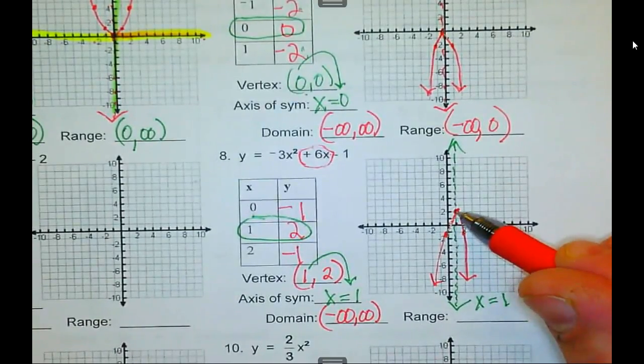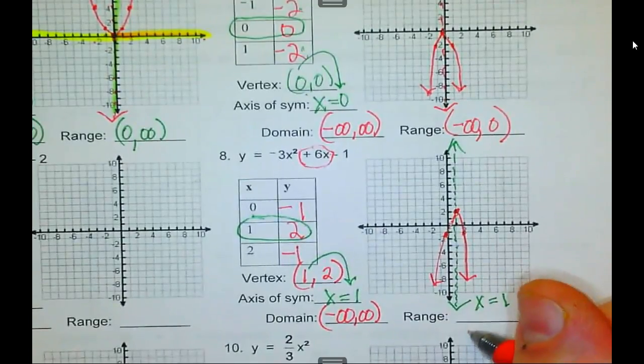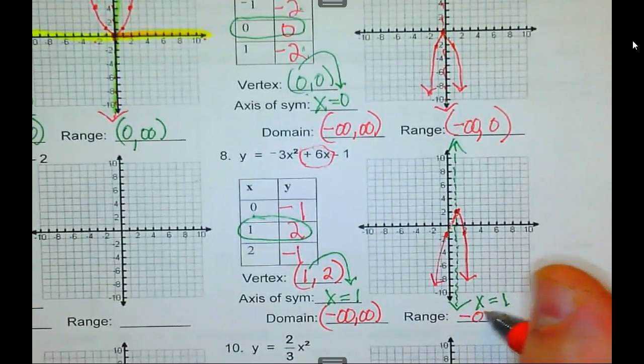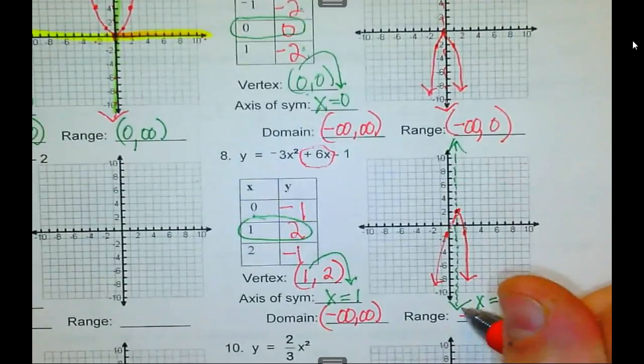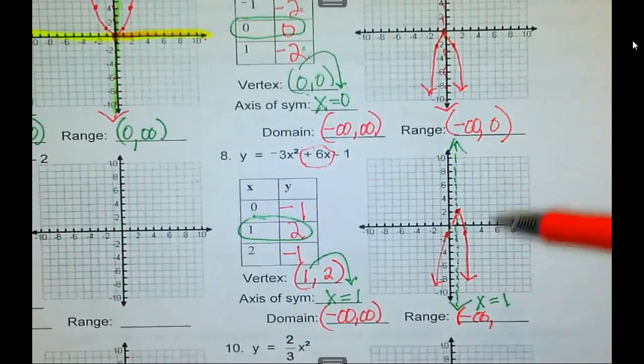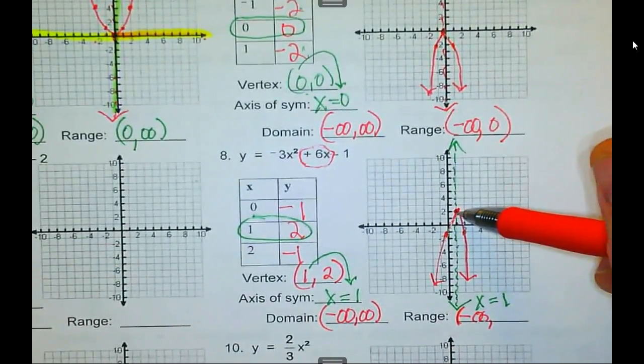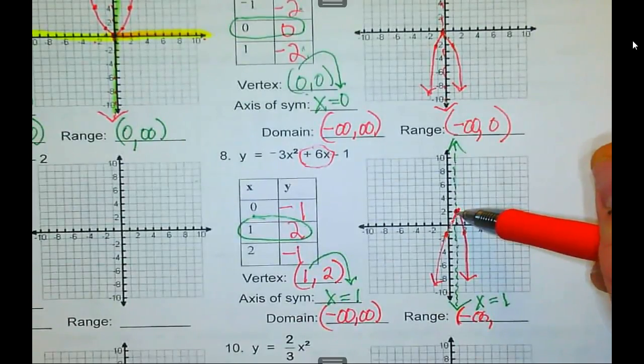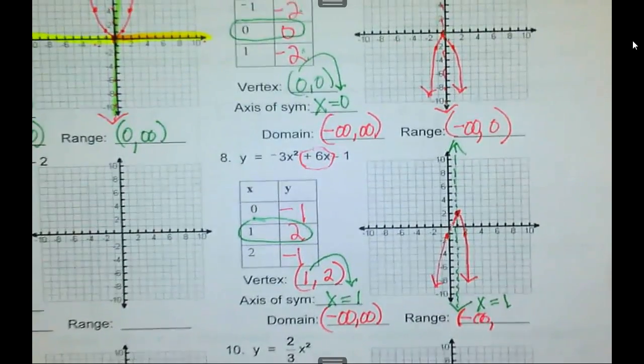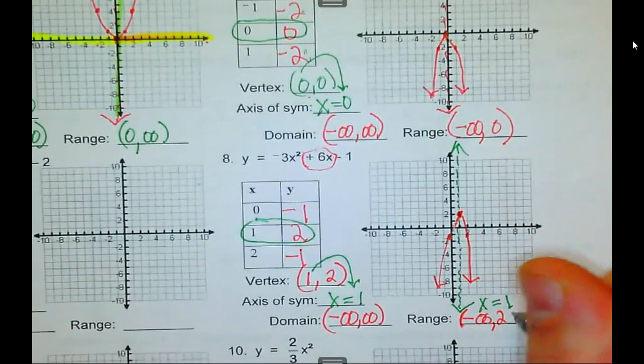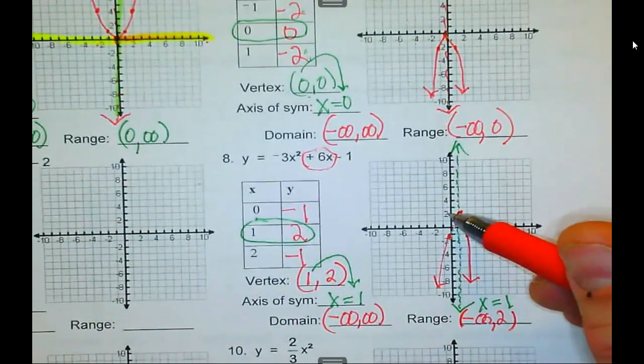I have a maximum. What's my y value? Well, first of all, it starts at my smallest number, negative infinity, because it's on the bottom here. I have a maximum. What's my maximum value here? Be careful. It's 2, right? Who said that? Good, Nick. My y value is 2.